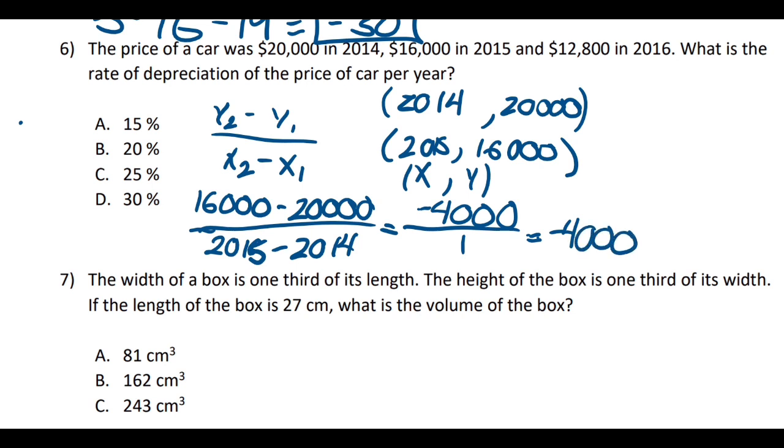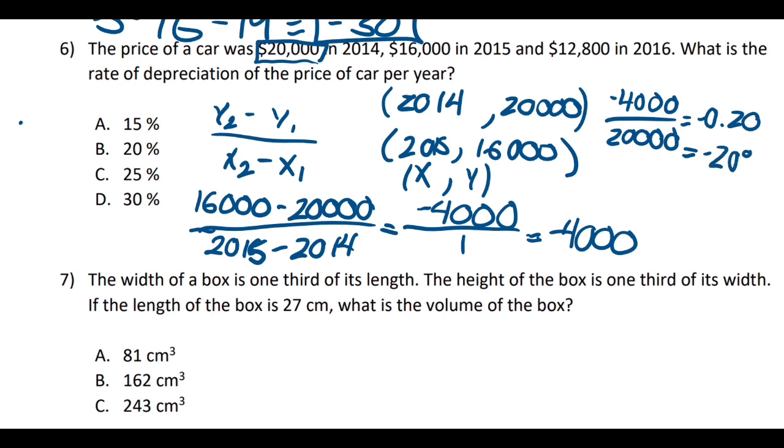And the last part here is to divide this negative 4,000 by the original price of the car, which is 20,000. So negative 4,000 divided by 20,000 gives us negative 0.20 or negative 20%, which ends up being B.